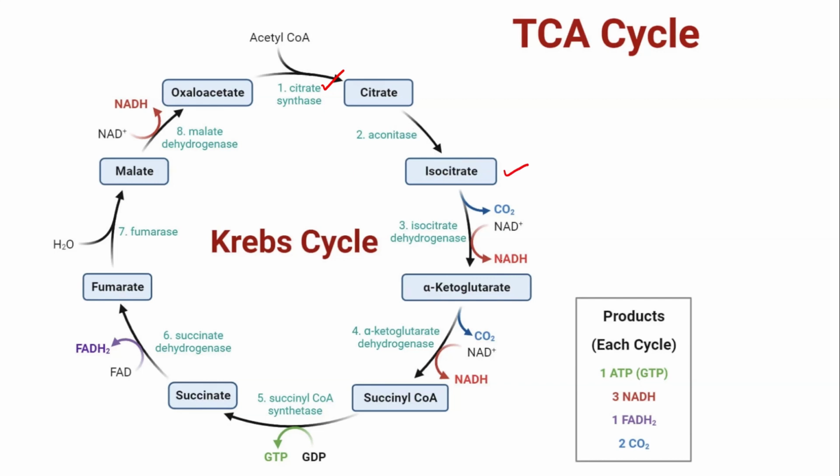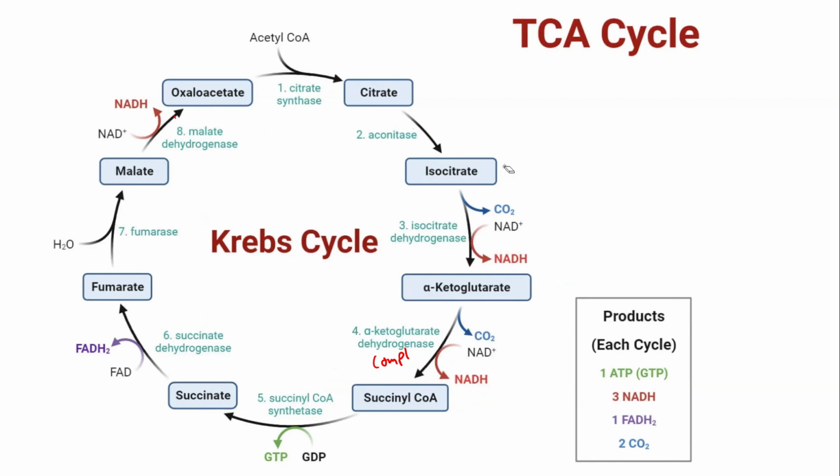Isocitrate dehydrogenase converts that into alpha ketoglutarate. Then the alpha ketoglutarate dehydrogenase complex, which is missing here, converts alpha ketoglutarate into succinyl-CoA. Succinyl-CoA to succinate is done by succinyl-CoA synthetase. Then succinate to fumarate, succinate dehydrogenase; fumarate to malate, fumarase; malate to oxaloacetate, malate dehydrogenase. So there are 8 enzymes in the TCA cycle participating in the breakdown of acetyl-CoA into carbon dioxide.